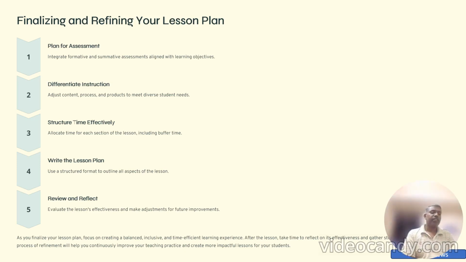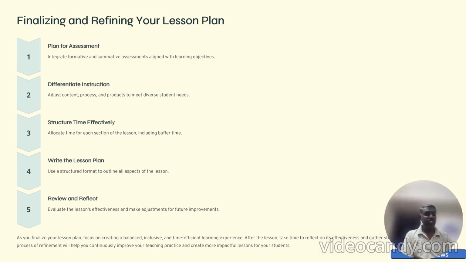And the next one is structuring time effectively. Very, very important. So during the 45 minutes of a session, how we have to maintain the time bound is very, very important. For example, consider a simple classroom teaching with three types of division, such as introduction, then main activities and closure.